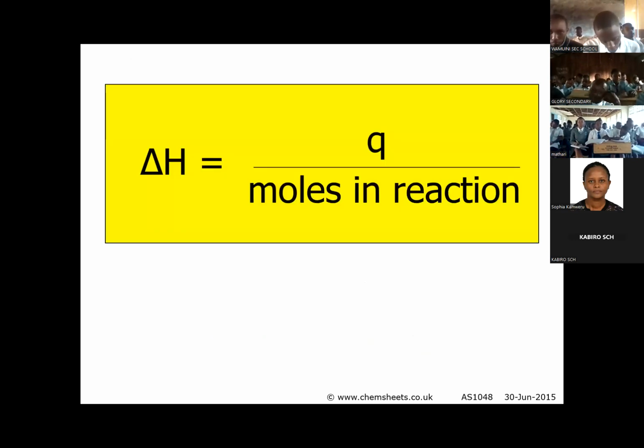So delta H is Q, and if you remember, Q is mc delta T, the mass of the water, only the water, times the specific heat capacity of water, 4.18, times delta T, over the moles in the reaction. That's something you have to remember. Now, moles in reaction are often called N, so it would be Q over N.